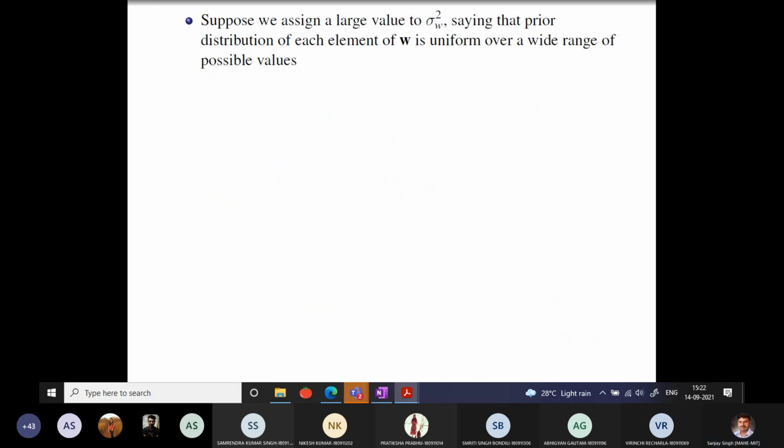Okay. Now another question comes here. Suppose we assign a large value to sigma square W, the variance of the weight space. If this value is large, lambda comes out to be almost zero, because lambda is sigma square by sigma square W, and the denominator becomes very large, so this is negligible. That says the prior distribution of each element of W is uniform over a very wide range of possible values.